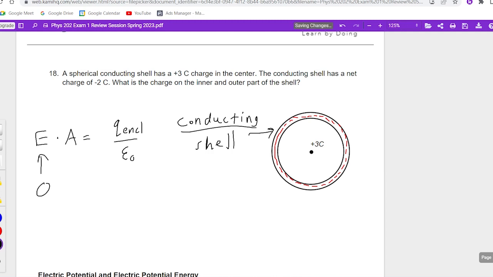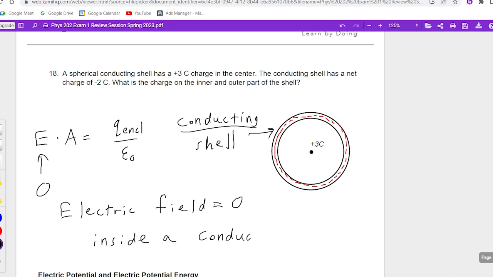Whenever you have a conductor, remember this fact: electric field equals 0 inside a conductor. So that's why I chose my Gaussian surface where I did. And if the electric field is 0, then that means the charge enclosed must also equal 0 in order for the math to line up.